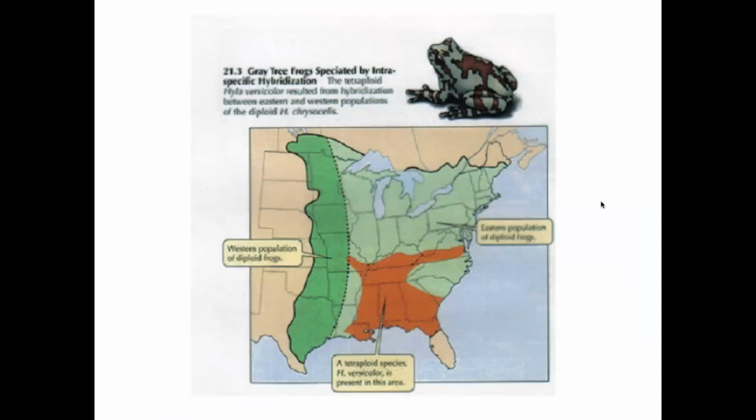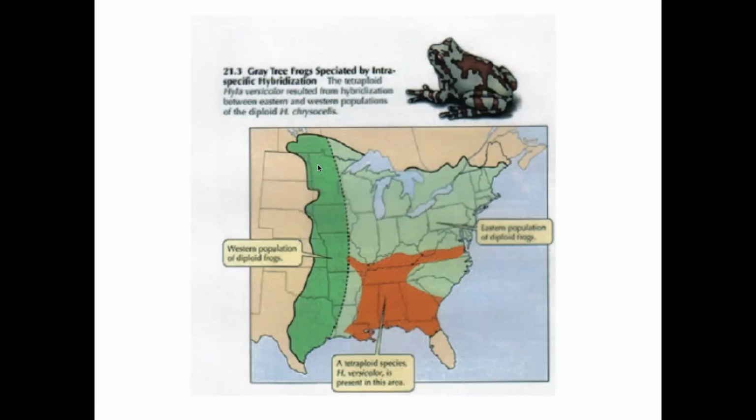So here's one. This is a type of tree frog. There are two closely related diploid species of this particular tree frog, an eastern population with this range here, and a western population over here. Well, they intermated to create, again, the original sterile diploid derivative.